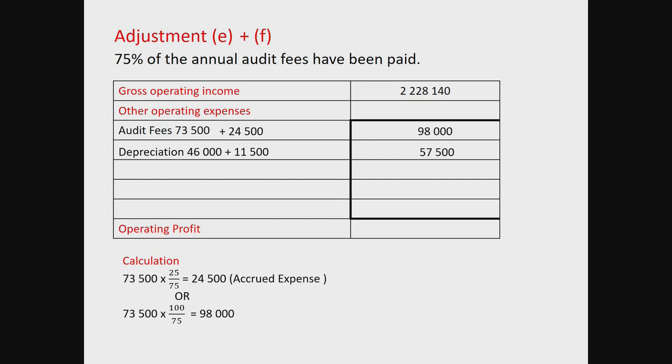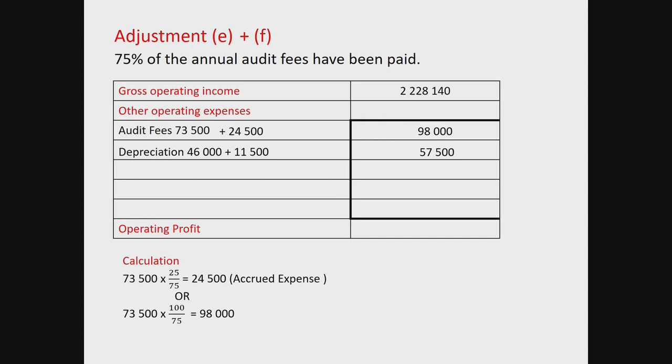We understated. In other words, we said it's 46,000, but it's supposed to have been 57,500, so we have to provide for another 11,500. No calculation on the cost price or the diminishing balance. They don't give any percentages. That will just be your answer as you see it there in front of you.